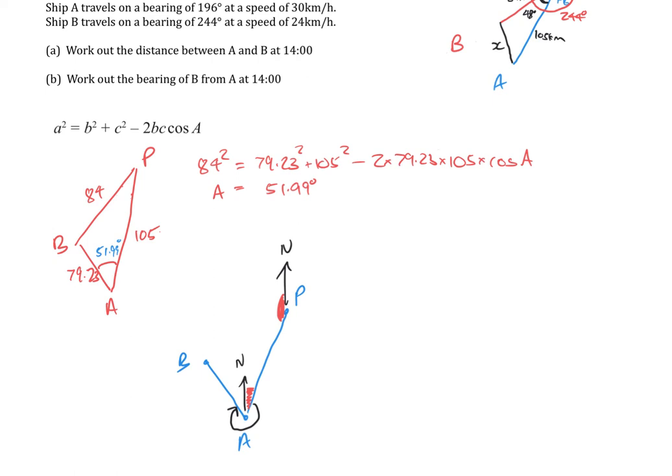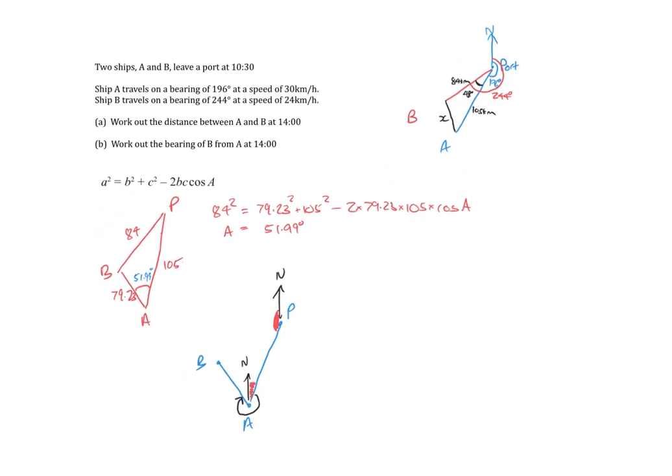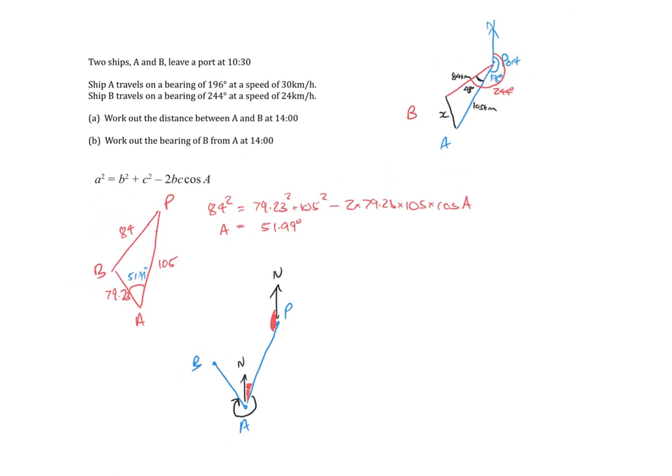Now I know the red angle there on the north of the port, because if I zoom down, I had 196 degrees this way, so take that from 360, I get my angle here, and that's going to be 164. So I know that this angle here is 164 degrees. That then works with this angle here, they add up to make 180. So my little angle here is going to be 16 degrees.